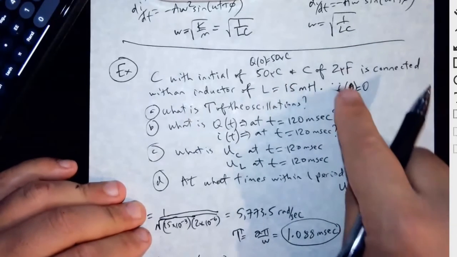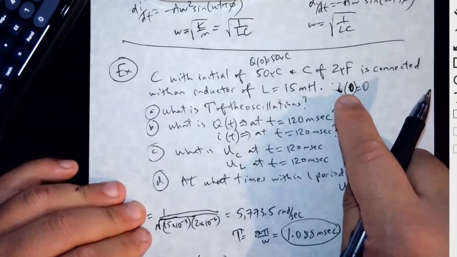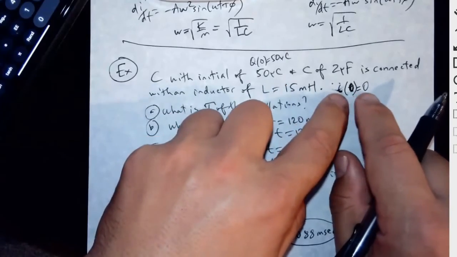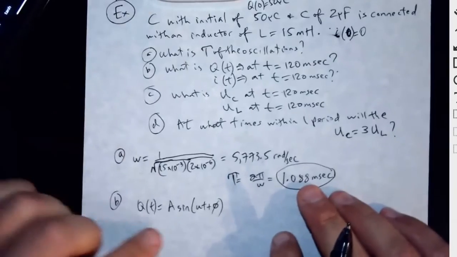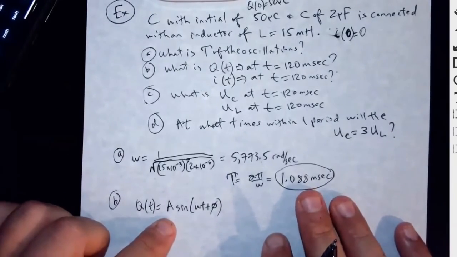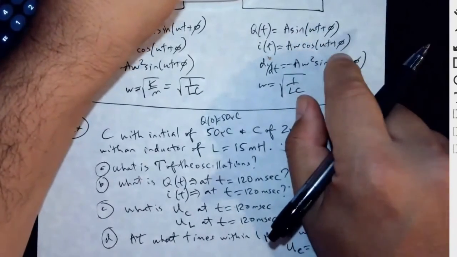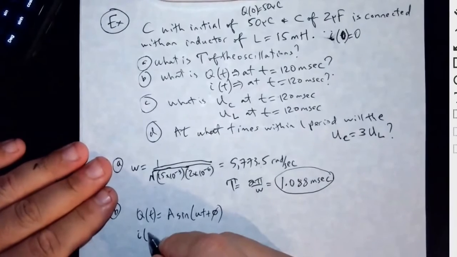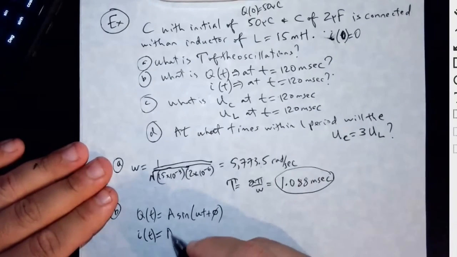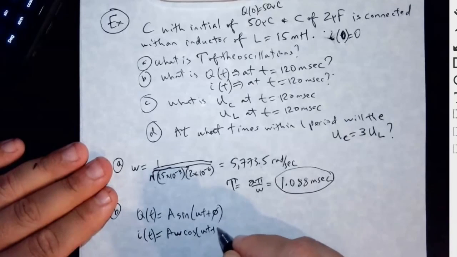If it doesn't tell you that there's an initial current, then the initial condition is that it's 0. You see? So then you go to this equation, and then the other equation, the current equation, and you apply the initial conditions. I of t is A omega cosine of omega t plus phi.